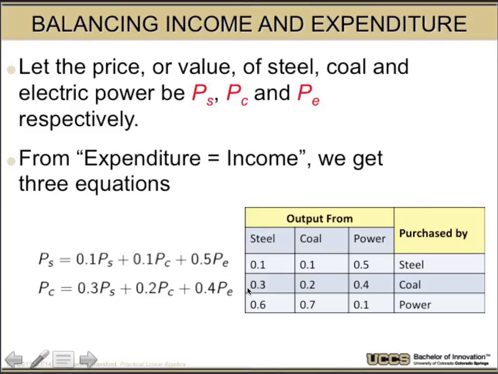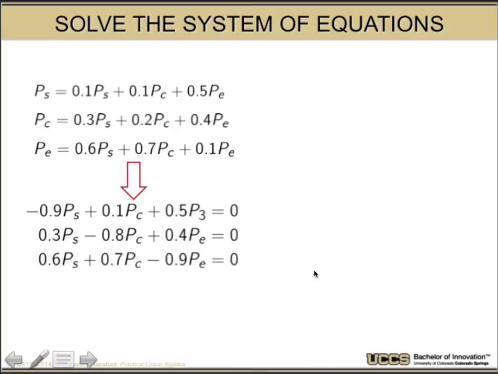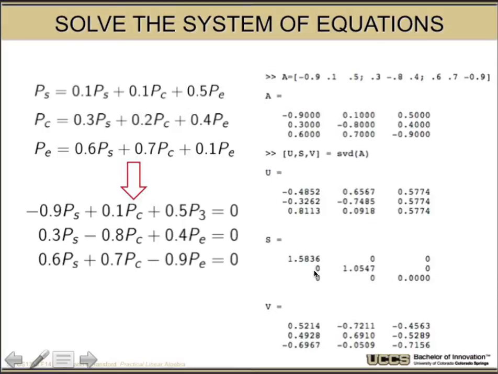Coal depends on the other 3, and electricity depends on the other 2. So we're just taking our output and relating it to the idea of equilibrium. We build this matrix and try to put it into standard form. And we now have a problem, because if I actually go to solve this matrix, it's going to be singular.